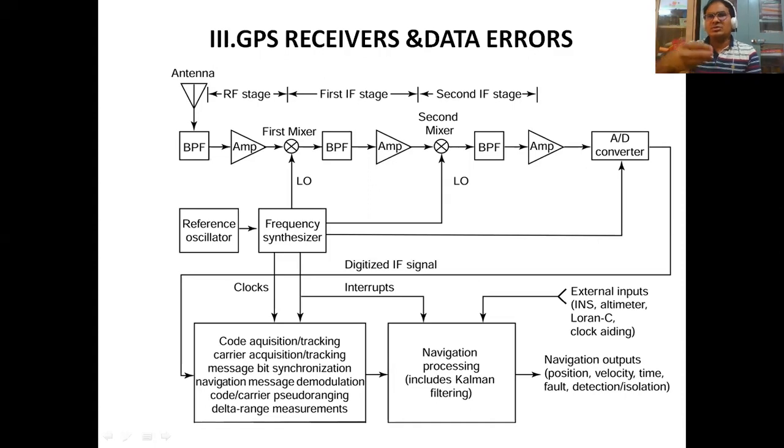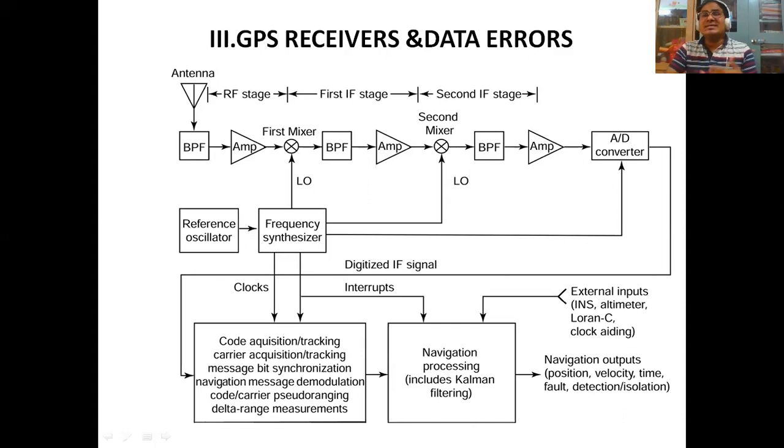It has traveled through the ionosphere, troposphere, and Earth's atmosphere, and it is intended to be received by a GPS receiver.